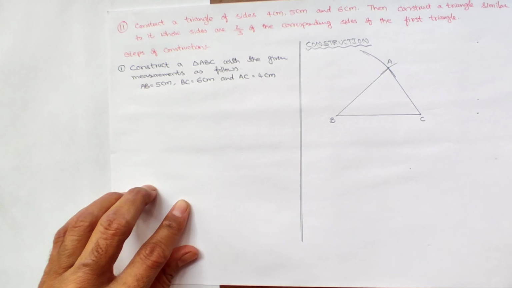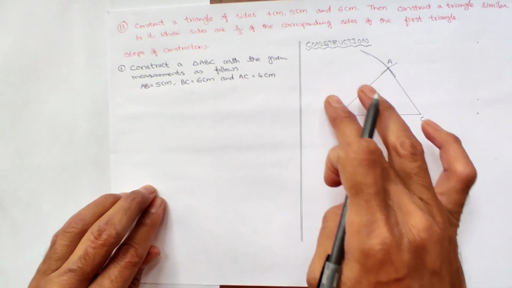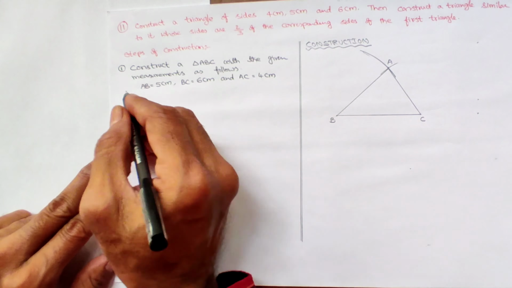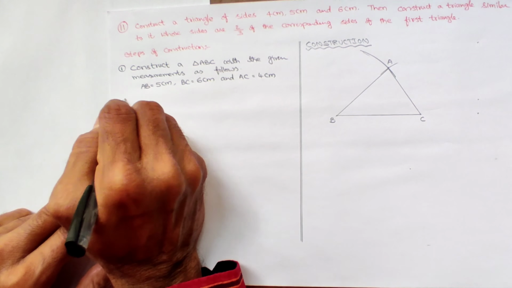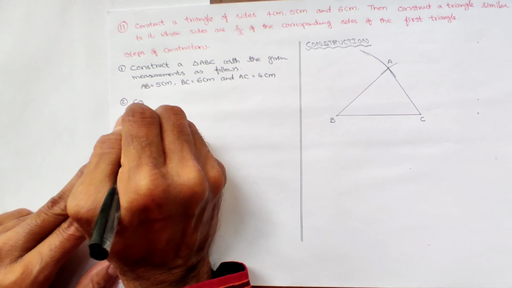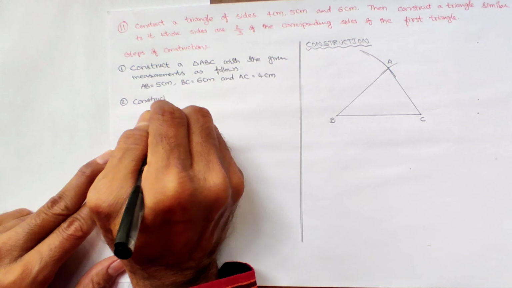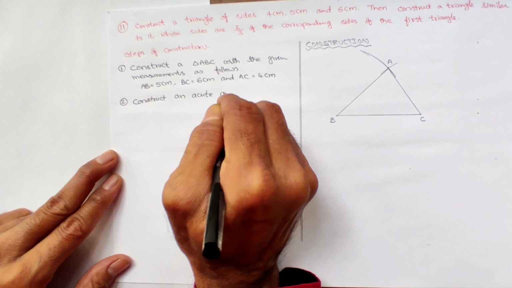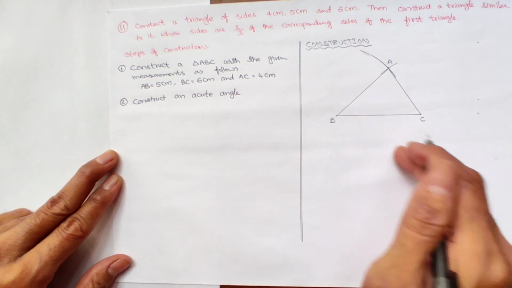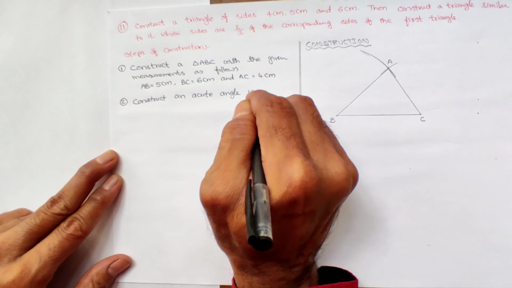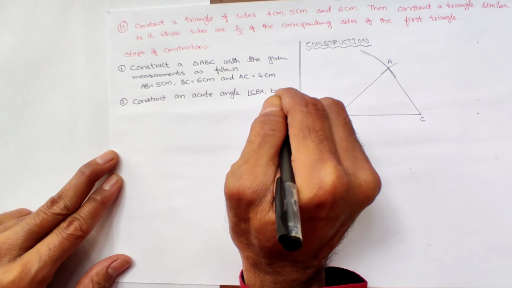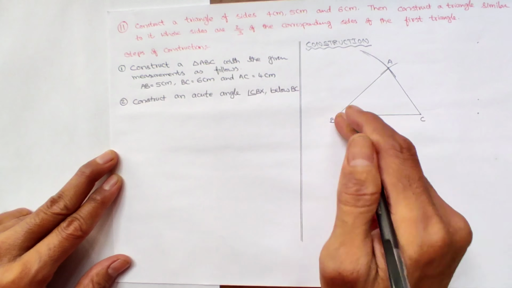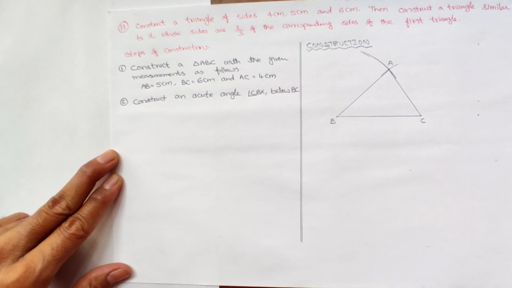This full construction we have written as one step, and the second step is construct an acute angle CBX below the line BC. Below BC we have to construct one acute angle.